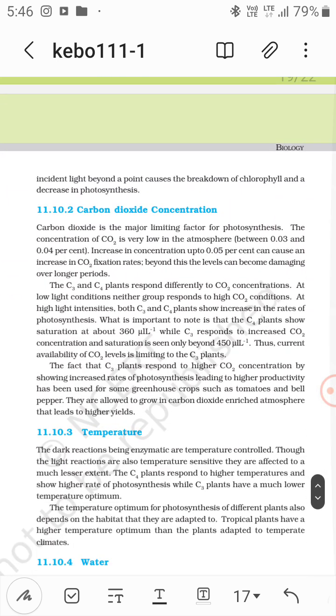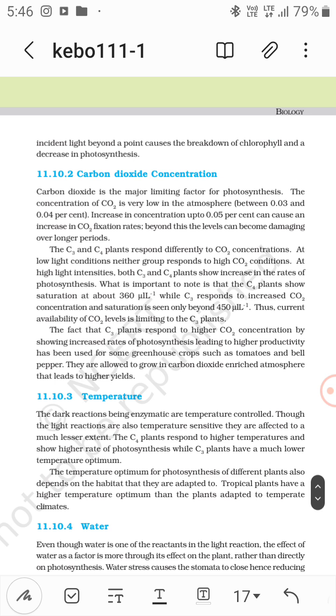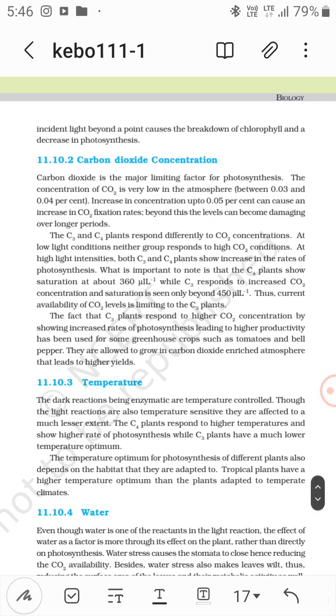Now, carbon dioxide fixation. For C3 plants, the saturation is at about 450 microliters per liter, and for C4 plants it is less, that is 360. So this is why the current availability of CO2 level is limiting to the C3 plants.